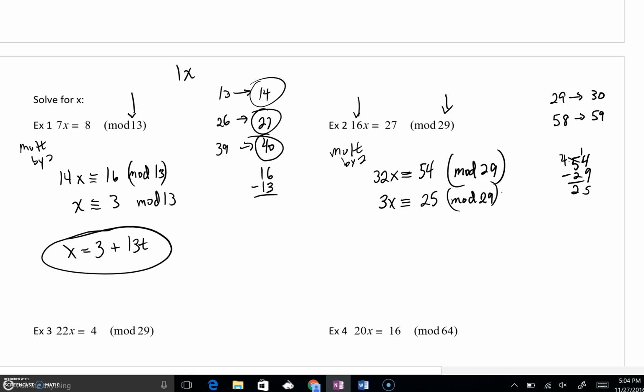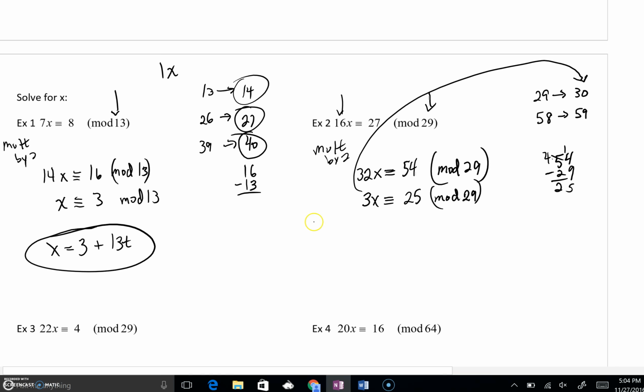Is this helping whatsoever? And it really is. I'll tell you why. When you look at 3, I can get up to 30 pretty easily. I can actually multiply both sides by 10 now. And I'd get 30x would be congruent to 250 mod 29.